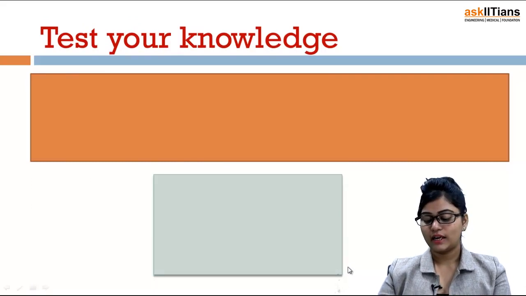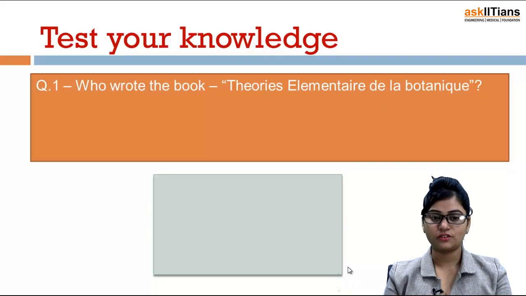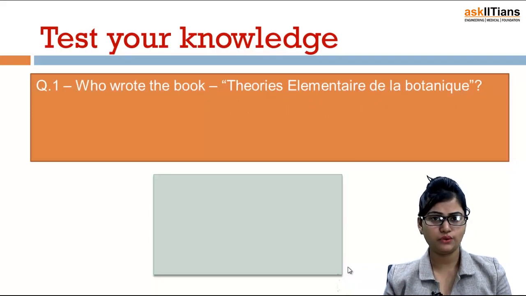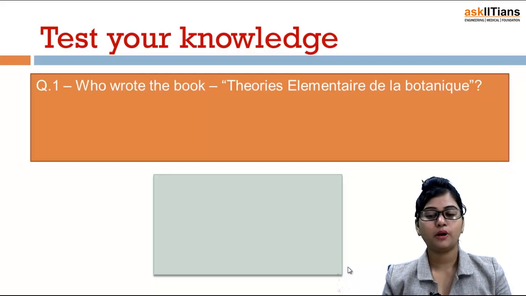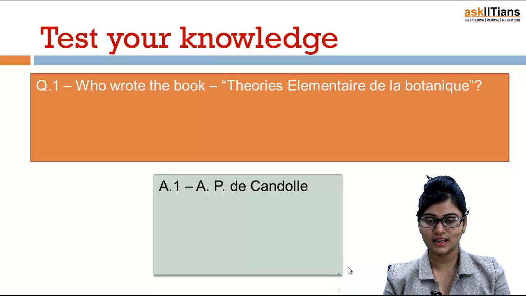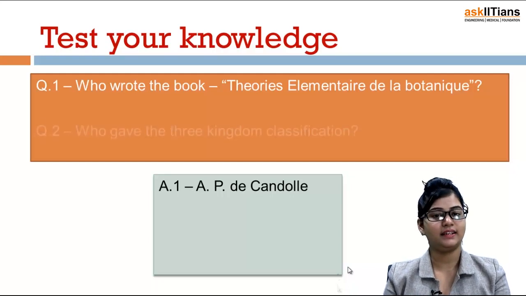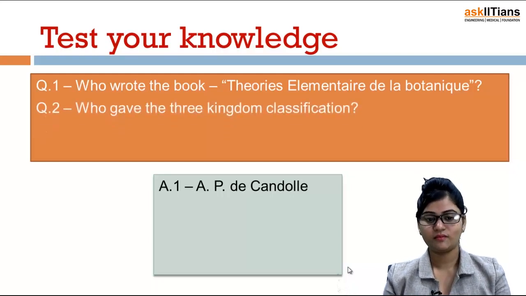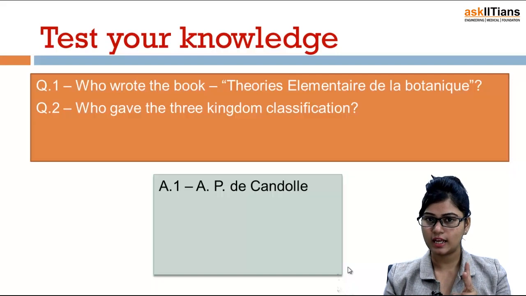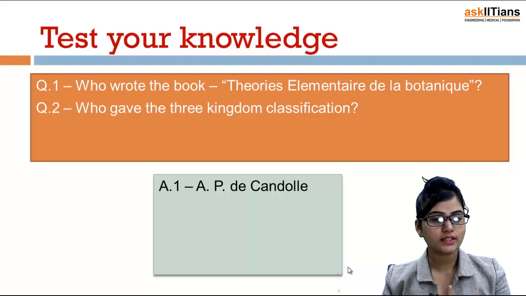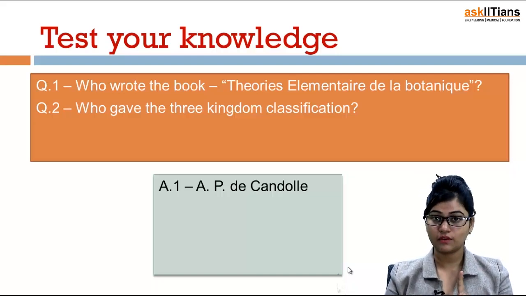Now I would like to again test your knowledge. First, tell me who wrote the book Théorie Élémentaire de la Botanique? Yes, the first scientist I told you, exactly, A.P.D. Candolle. Who gave the 3 kingdom classification? We discussed 2 classifications: first was the 3 kingdom classification and second was the 5 kingdom classification.